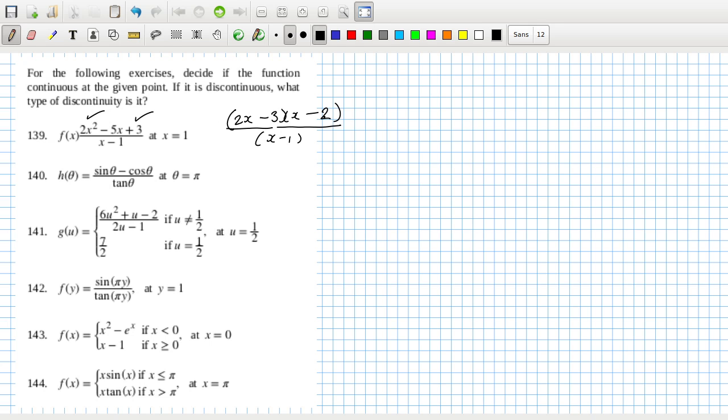No. That would have to be 1, wouldn't it? Minus 3 by minus 1 is plus 3. And then minus 2x minus 3x is minus 5x. Okay. So I can see this is definitely a removable discontinuity at x equals 1.